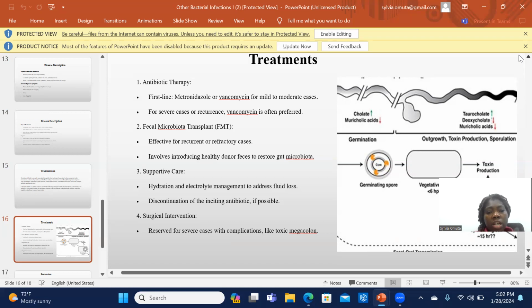Supportive care: dehydration and electrolyte management to address fluid loss. Discontinuation of the inciting antibiotics is possible. Surgical intervention is reserved for severe cases with complications like toxic megacolon.